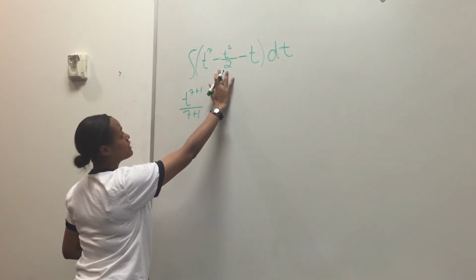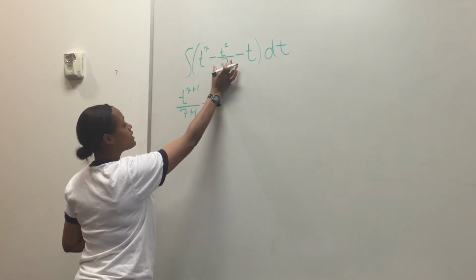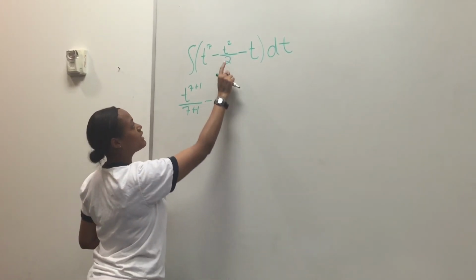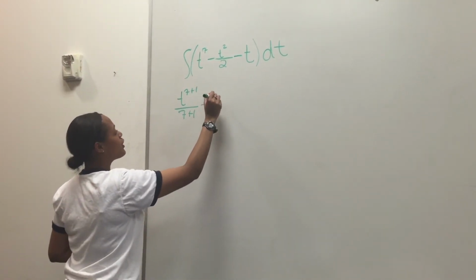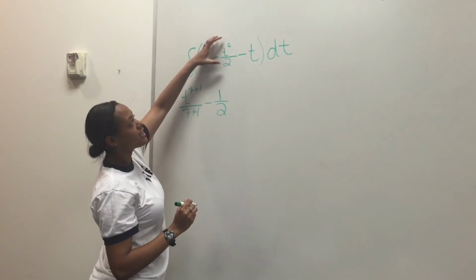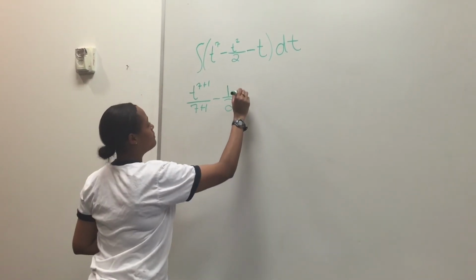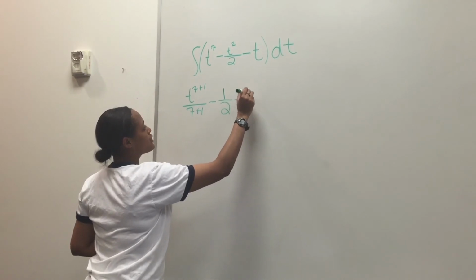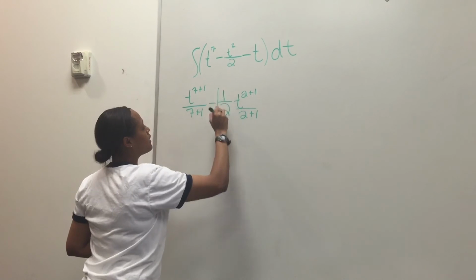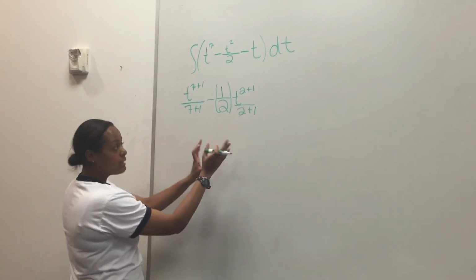For this second portion, to make it simpler for yourself, just evaluate it as this portion being 1 over 2 and your second portion being t squared. So you would write it as 1/2, and because you have your t squared on top, you're going to write t squared plus 1 over 2 plus 1. And these will be multiplied together when you answer the problem in the end.